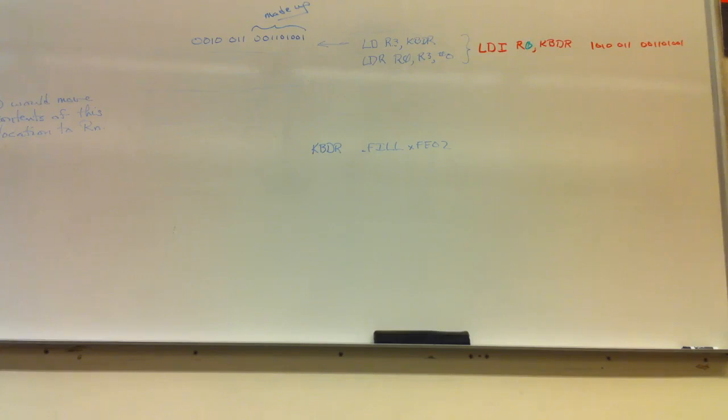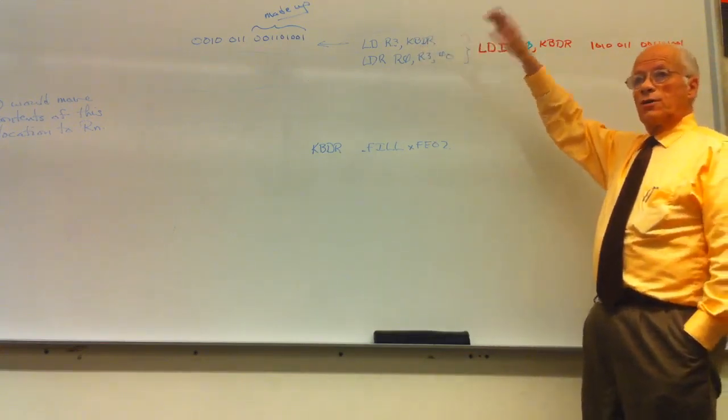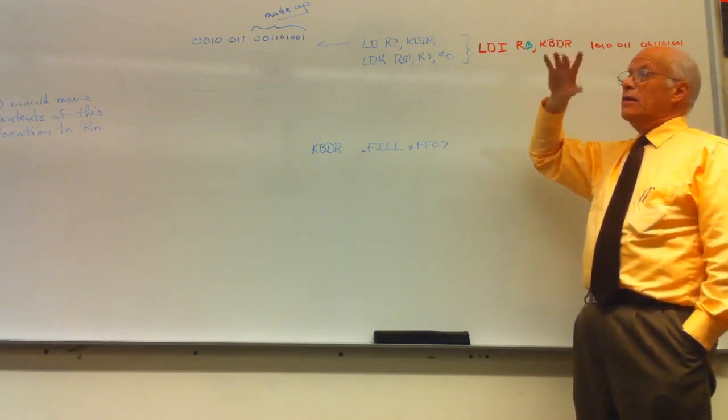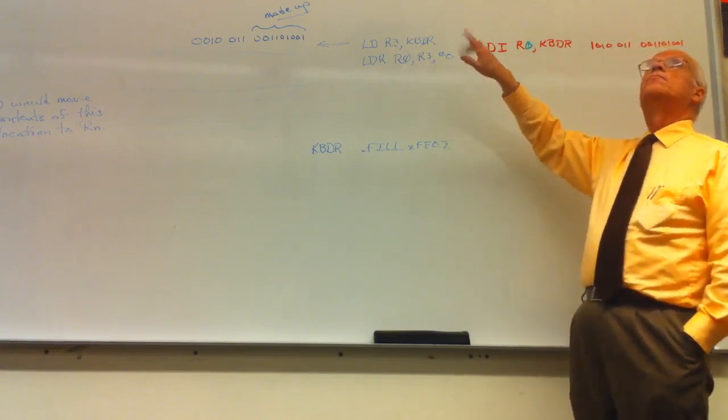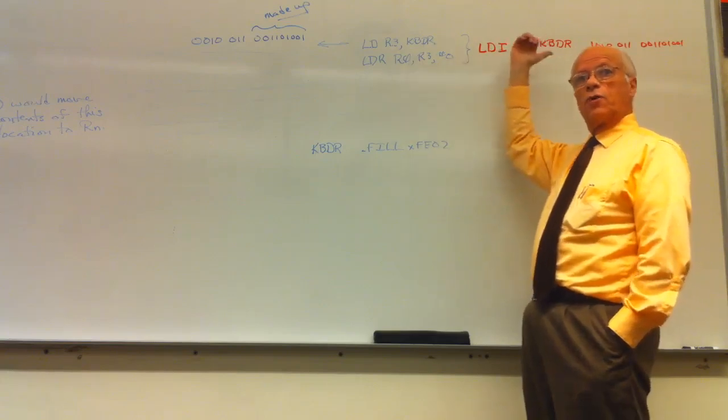Does LDI work faster than LD, LDR? Would it work faster than these two instructions? Yes, because I think you have just one less memory cycle. You only have to fetch one instruction.